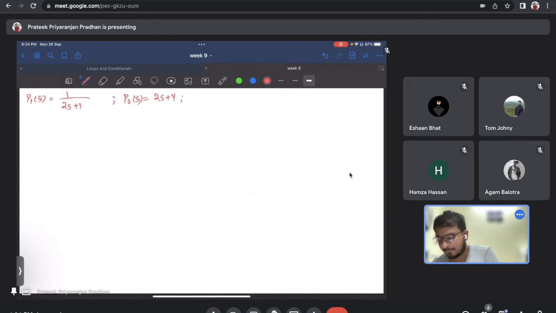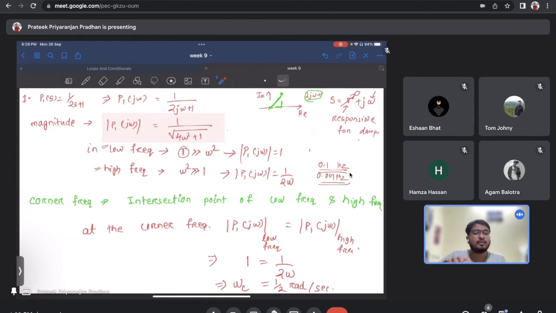So 1 plus omega square will be approximately omega square only, since 1 is very small in comparison to 10 to the power 12. So in the high frequency range, omega square is much greater than 1. That's why my magnitude will be 1 upon root of 4 omega square, which is 1 by 2 omega. Is it clear?